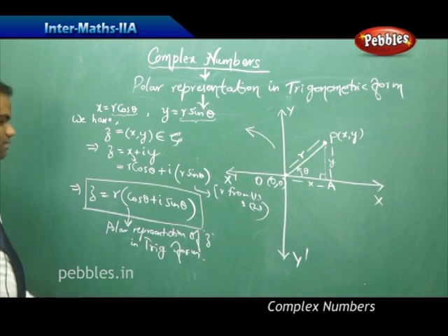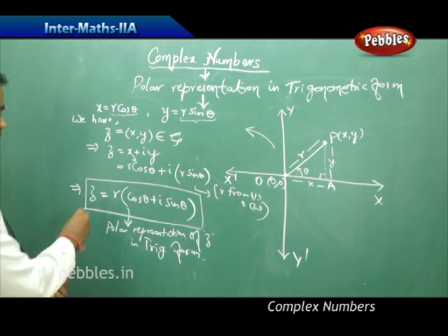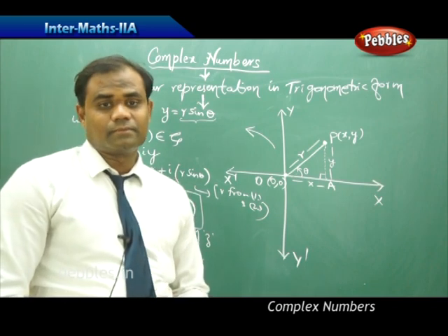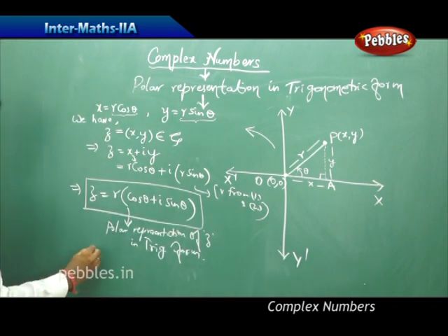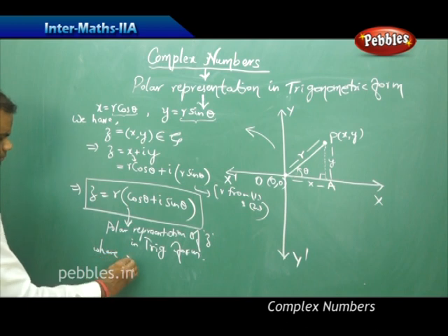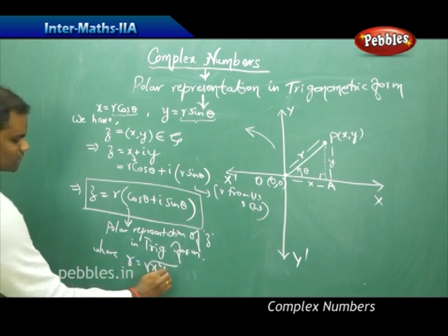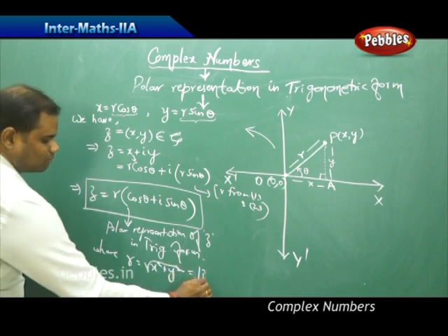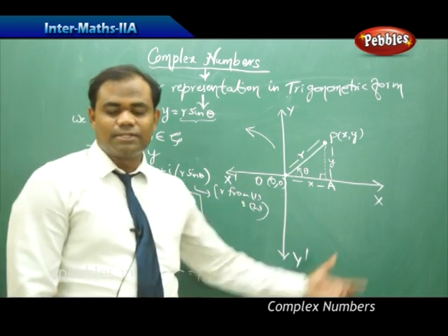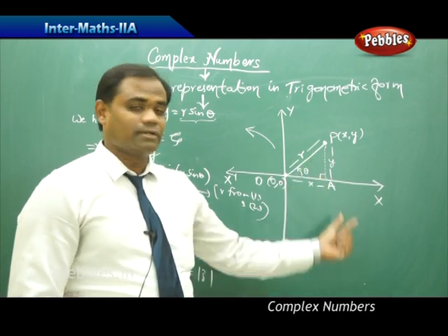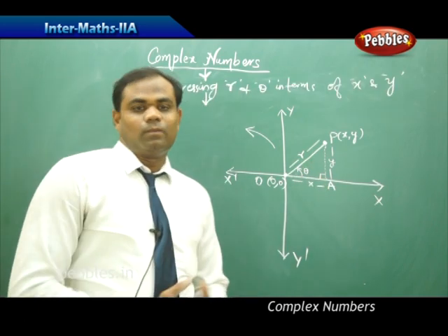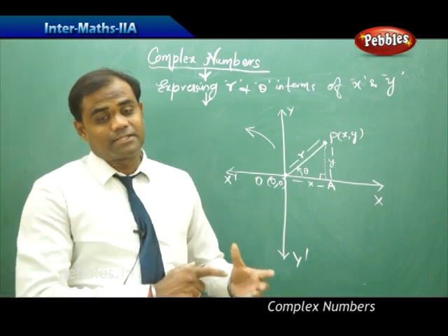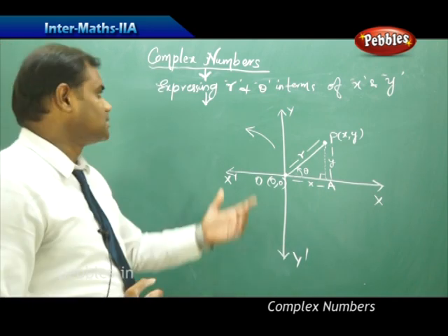So when I represent this in trigonometric form, I write z as r times (cos theta plus i sin theta), where my r is the root of x square plus y square, that is mod z, which we have recently seen in the session using Pythagoras theorem.